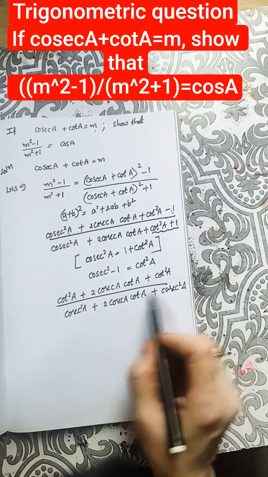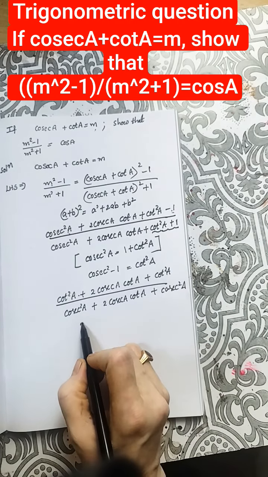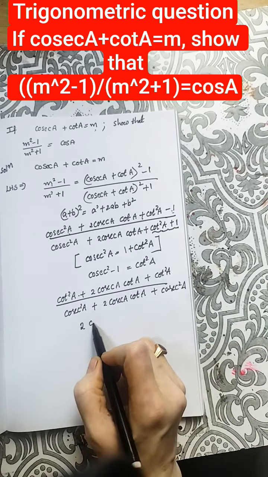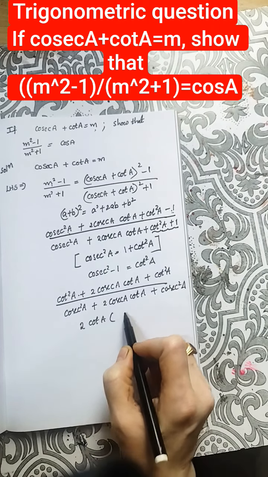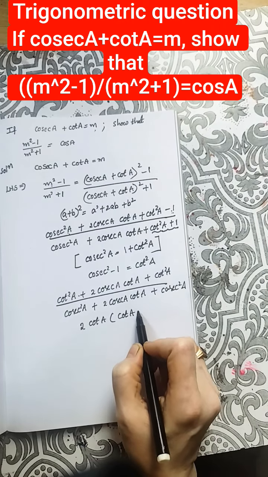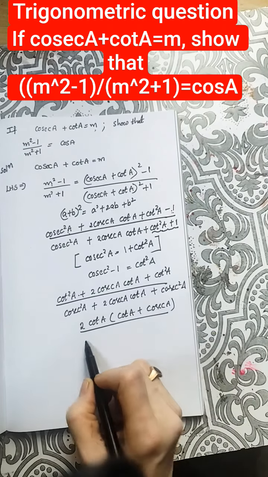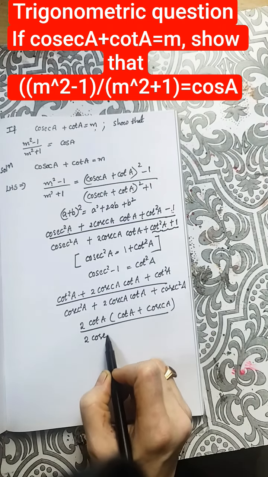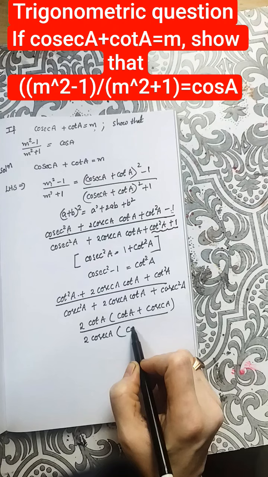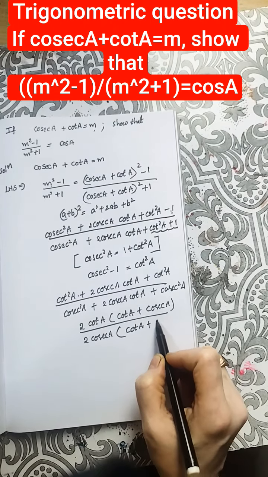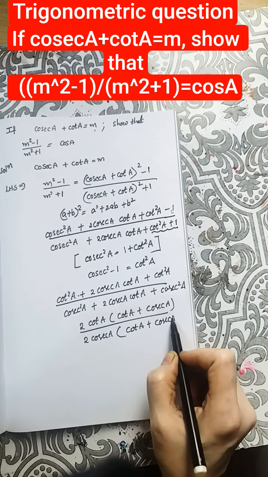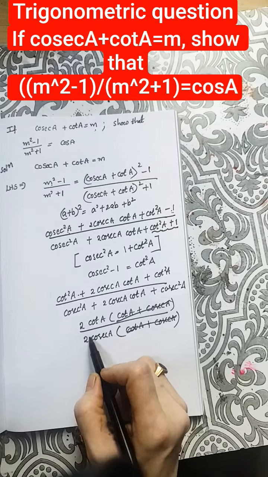So here 2 cosecant square A, 2 cot square A. 2 cot A I am taking common here, so we will get cot A plus cosecant A. Here I am taking 2 cosecant A common. Cot A plus, see even you get cosecant A plus cot A because addition is commutative.